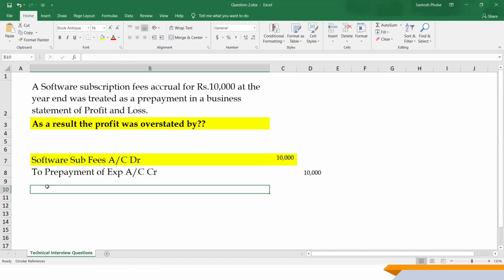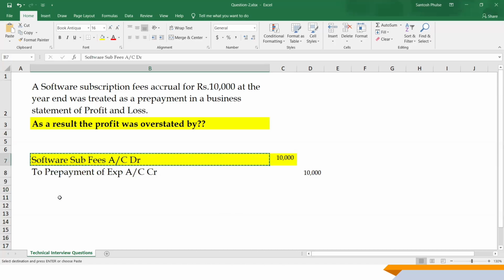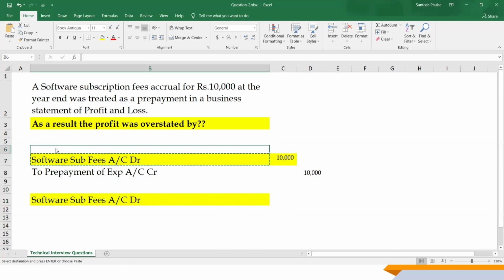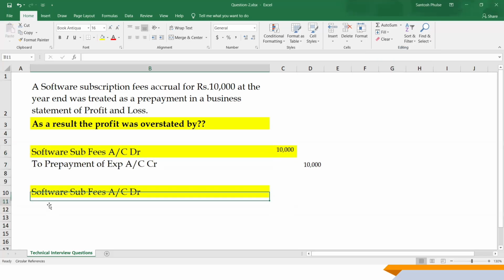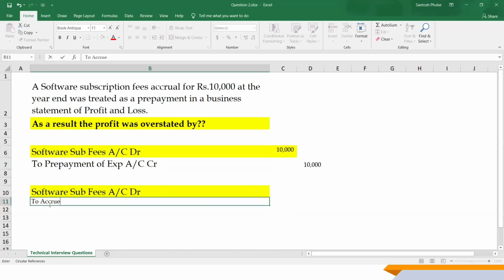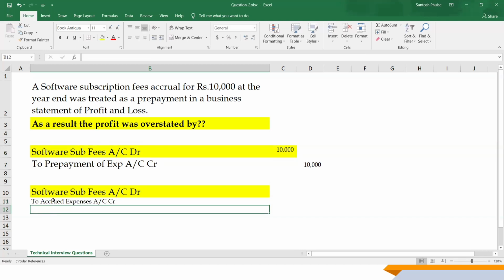But the corrective entry we have to book in the system is again your software subscription fees account debit, and your accrued expenses account credit.